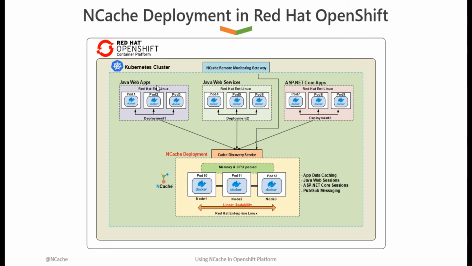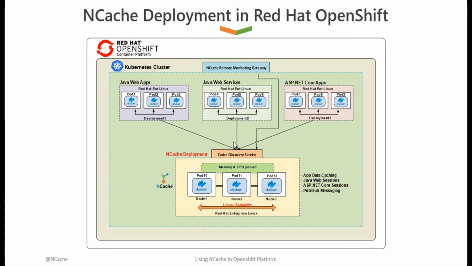We have a Java web app, which is again a Docker image deployed on different pods. I have a Java web service, again shown by different pods. These Java applications are using Java client of NCache, whereas I have a separate deployment for ASP.NET Core applications, again using a Docker image on Linux, but this is using the .NET Core client for NCache communication.